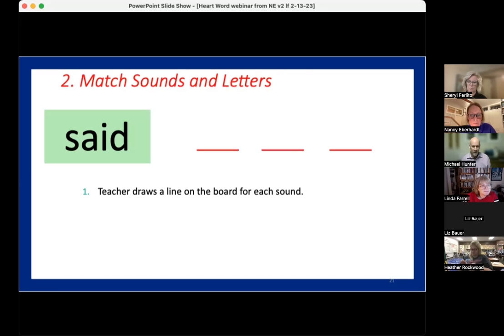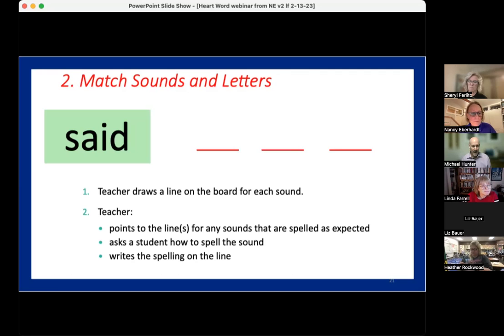I'm going to point to the first line and ask someone to tell me what the first sound in said was, and how do we spell it, and then I'll write S up. I'll go to the last letter and ask someone else, what's the last sound in said? How do we spell D? And we put the D up there.